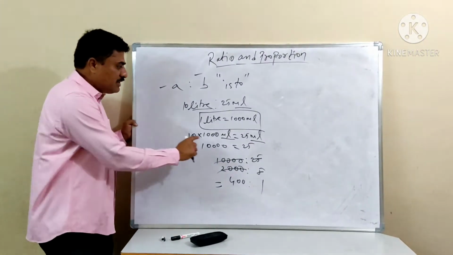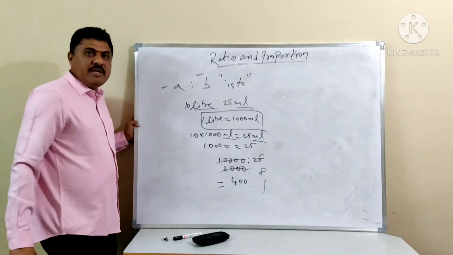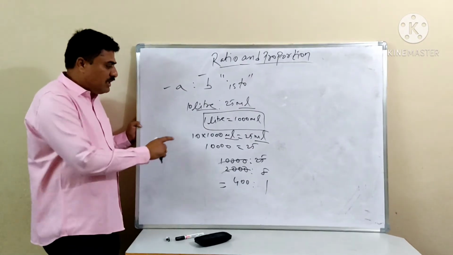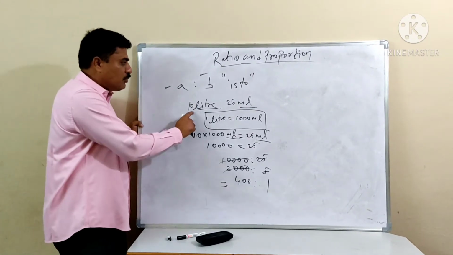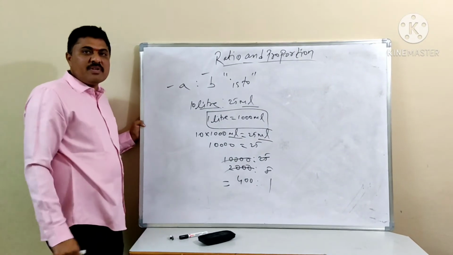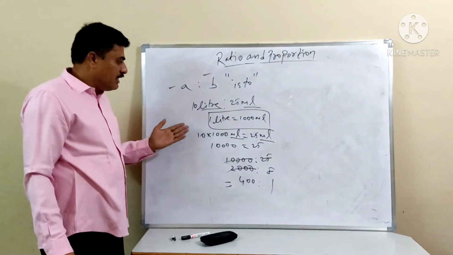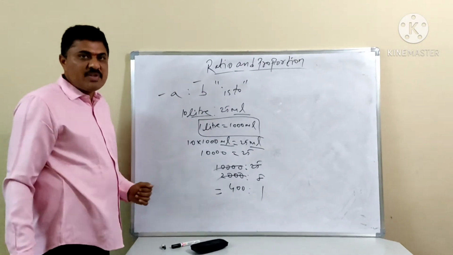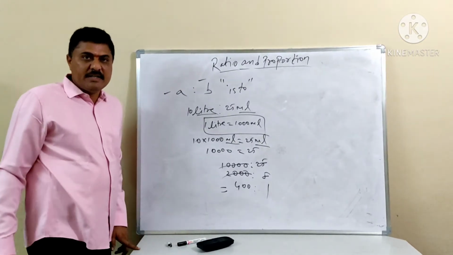Similar means both the quantities should be in the same unit, then only you can simplify it. So whenever both are different, we have to make them equal so that we can find out the ratio of two quantities.